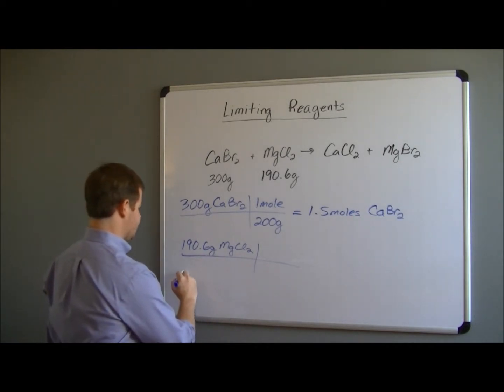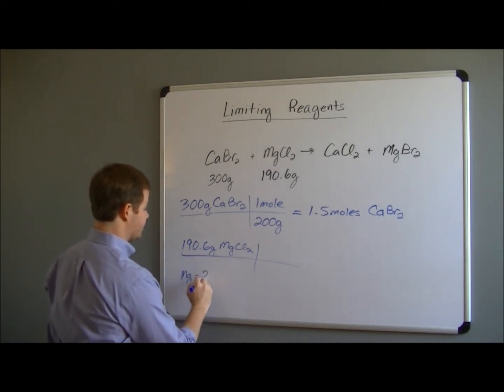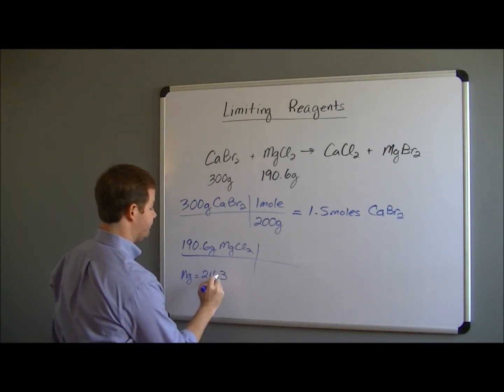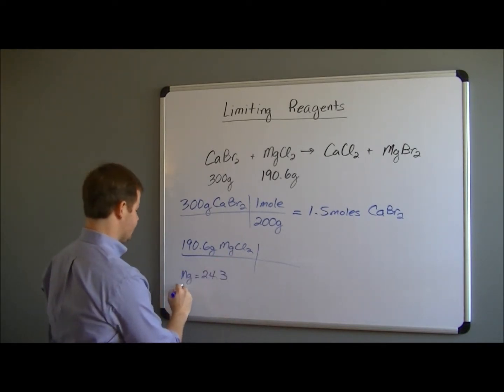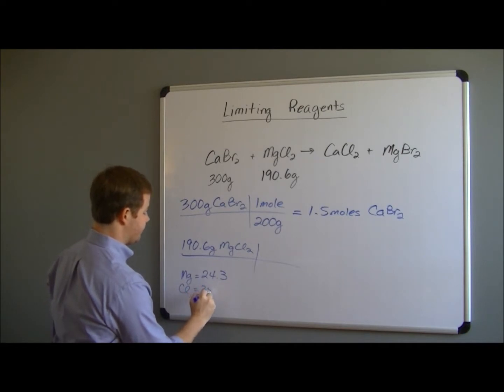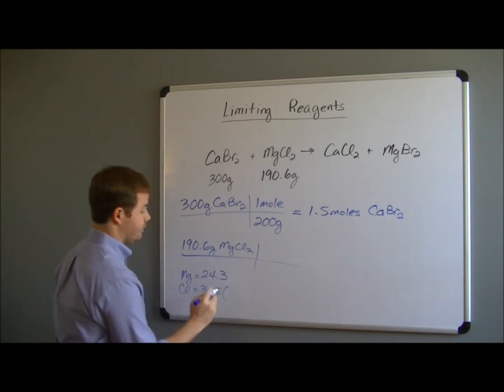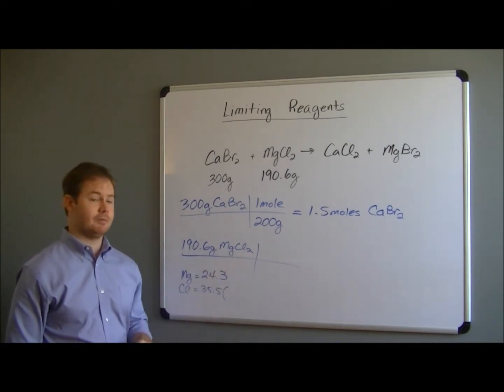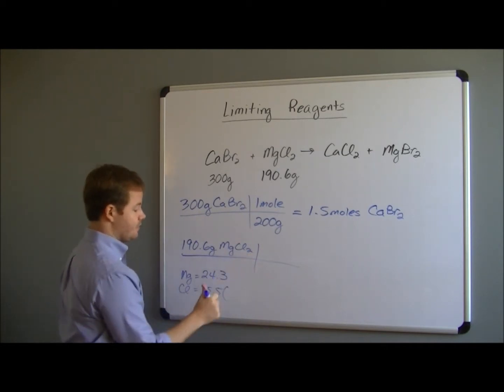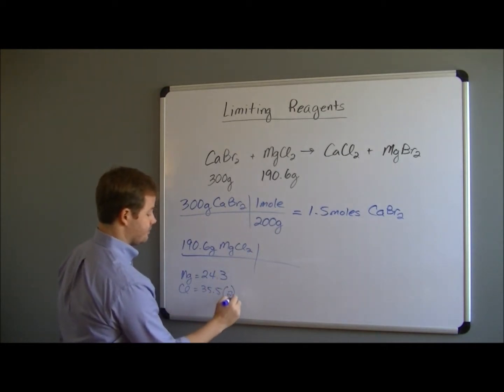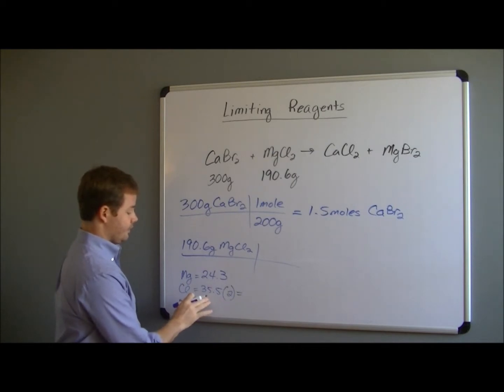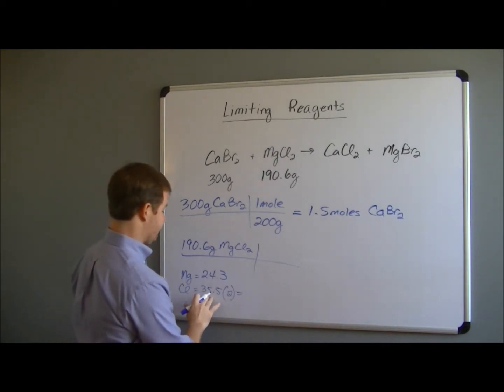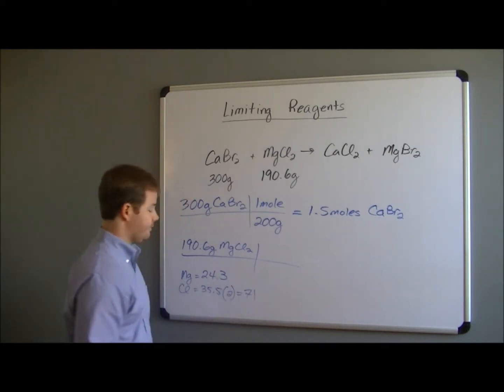We have magnesium in the periodic table with an atomic mass of 24.3. And we have chlorine in the periodic table with an atomic mass of 35.5. And again, use the subscript. It's got a subscript of 2, which means we have to multiply times 2 to figure out the total that we would have for our molar mass of chlorine, and that would come out to 71.